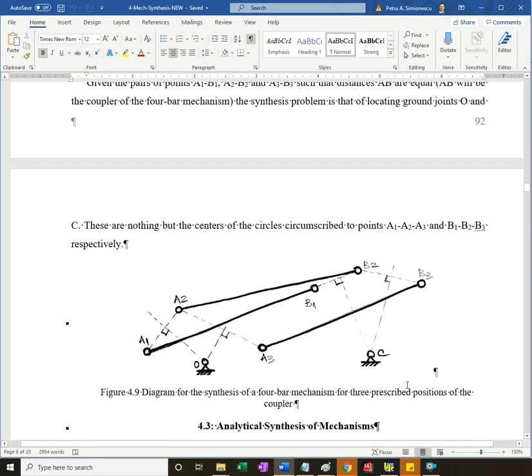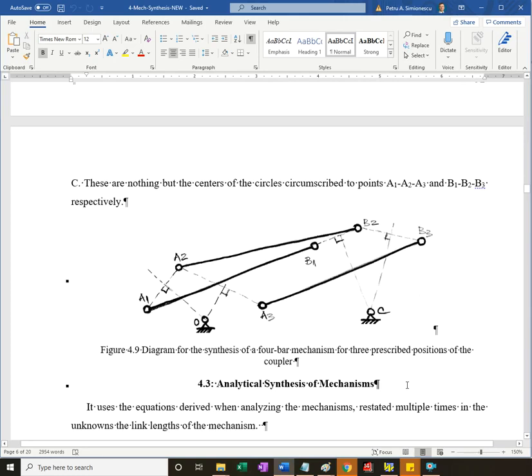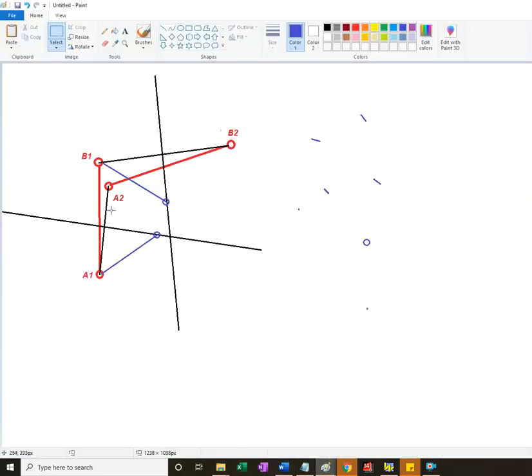We can go with 3 positions, and in this case there's just one and only 4-bar solution, not as for 2 positions. There we could have chosen the ground location anywhere here and anywhere here, but you will see for 3 positions, I don't have the freedom to offset.